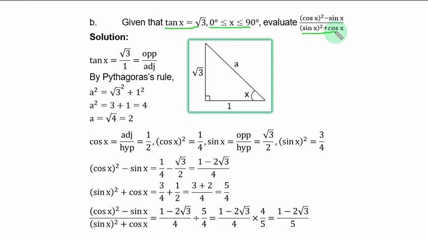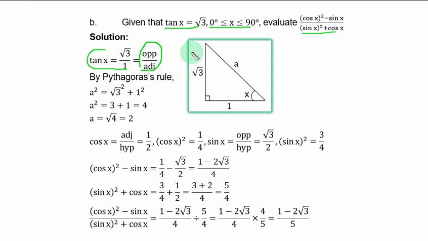Cosine is adjacent to hypotenuse, and tangent is opposite to adjacent, meaning we need to get the hypotenuse before we can evaluate that problem. Tangent is equal to root 3, which can be written as root 3 over 1 for us to have clearly opposite and adjacent.